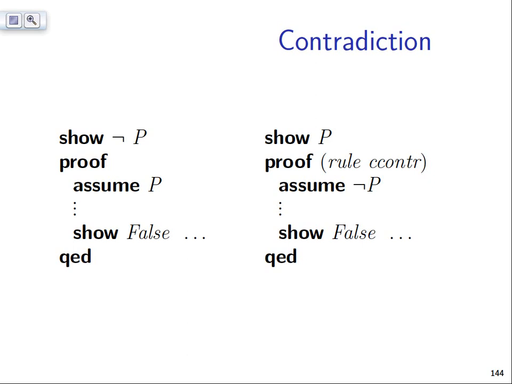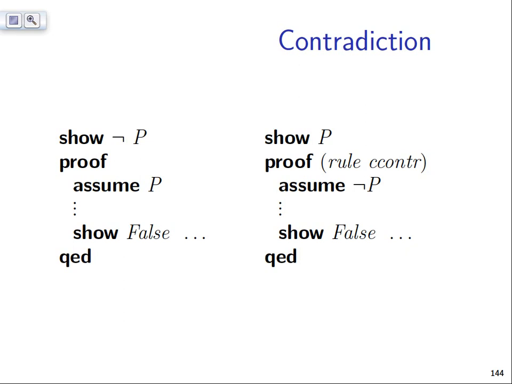You show some arbitrary P, and then you explicitly say, prove this by rule C contra, which stands for classical contradiction. This is the general case. Over here on the left, we saw the specific case where what you're trying to prove is already negated, and the special case on the left is simpler because if you use the situation on the right and P is already negated, then you have to assume a doubly negated formula, which just makes things complicated, whereas here on the left, you don't assume any negation.